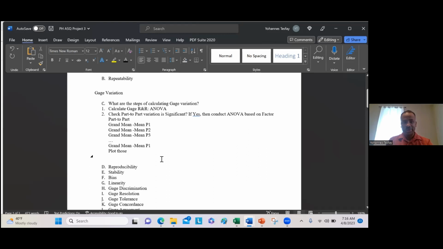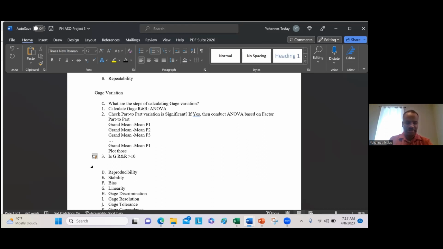Now the next phase is the gauge source of variation, which is GR and R. Okay, GR and R: whether this is greater than 10% or not.